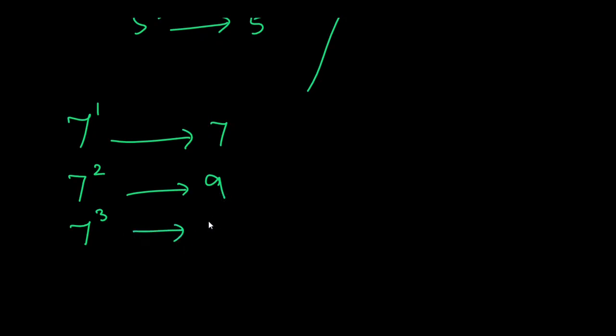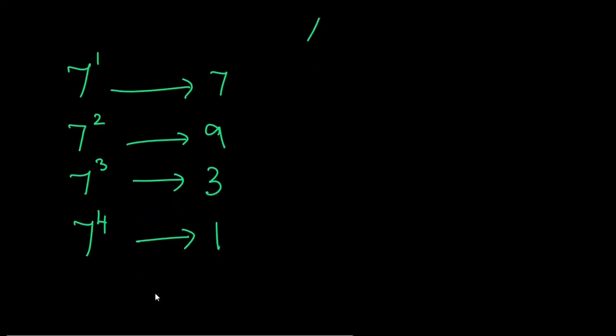So we get last digit 3. 7 power 4, again multiply by 7. Last digit is 3 here, multiply by 7, we get 21. So last digit is 1. 7 power 5, multiply the last digit by 7. So we are getting 7 here.